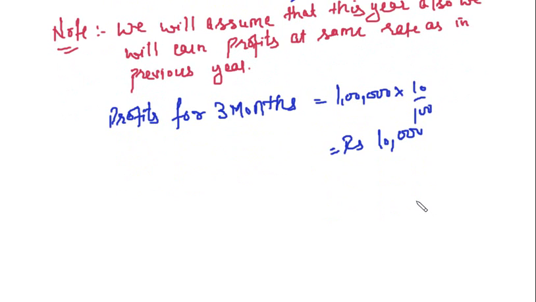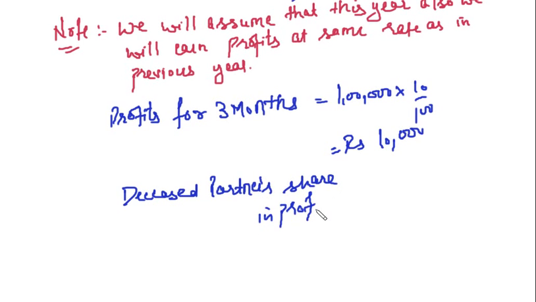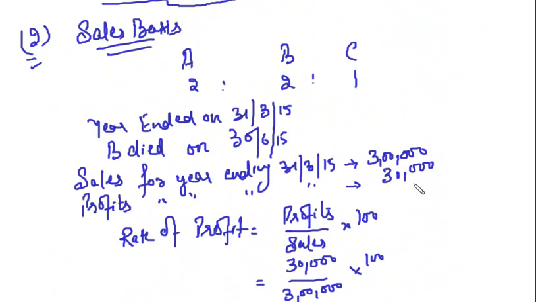You can calculate, right? You can calculate the deceased partner's share in profits. This comes to 10,000. And what is the share of deceased partner? What is B's share? 2 by 5.